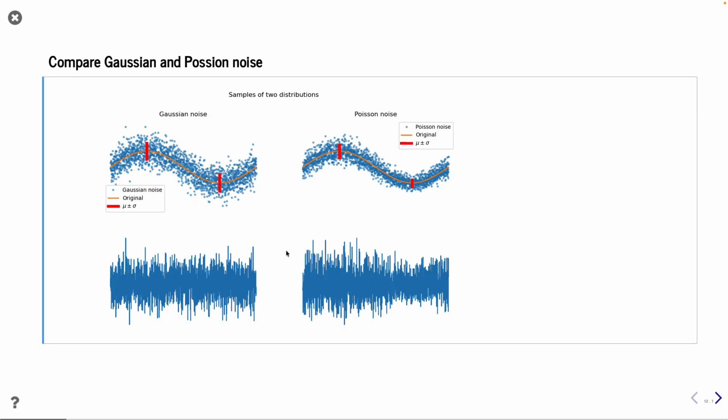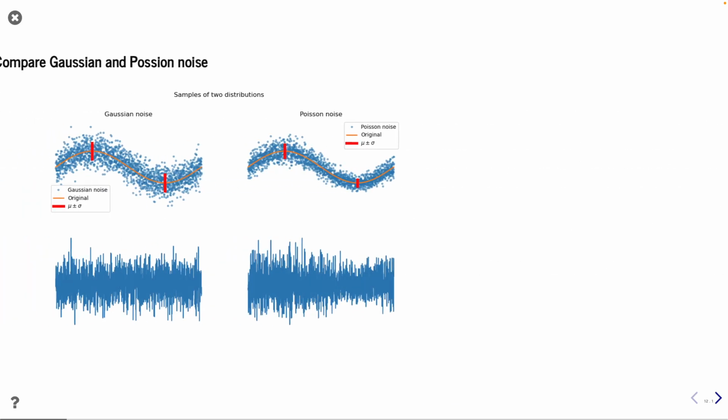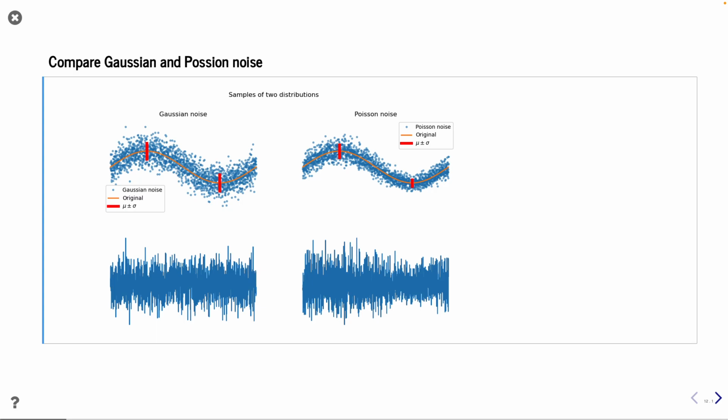And you can see that this one is essentially a constant band, but this one narrows down for the low intensities. And that is something that we have to be aware of when we do our filtering.